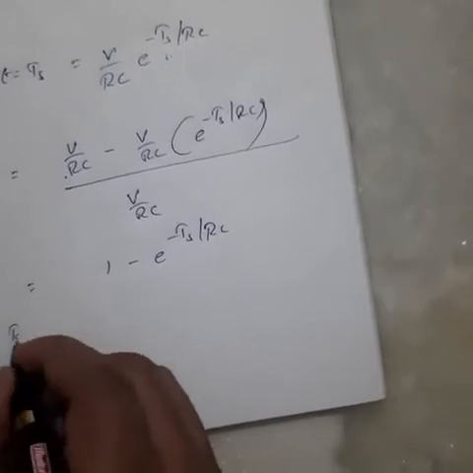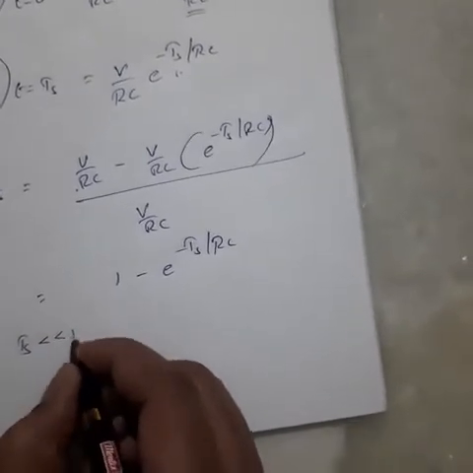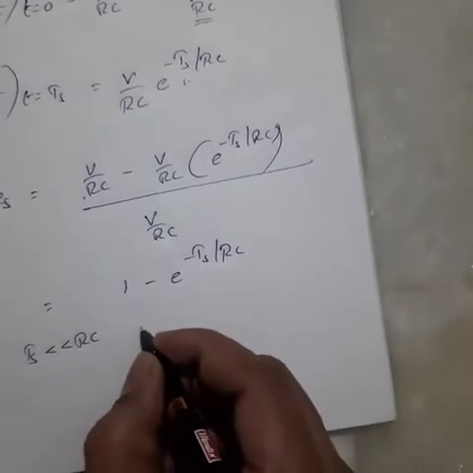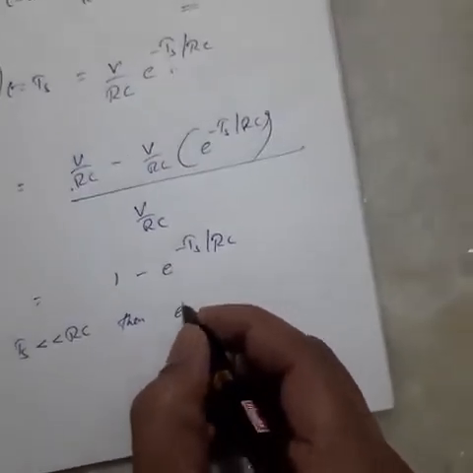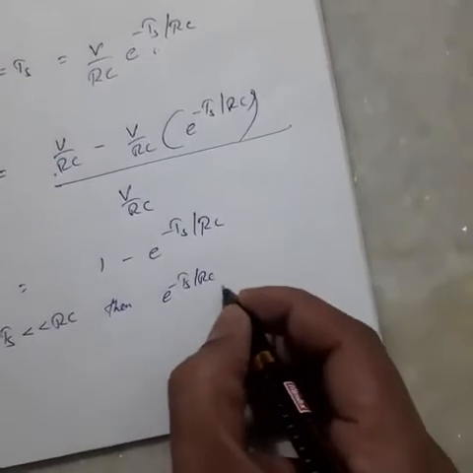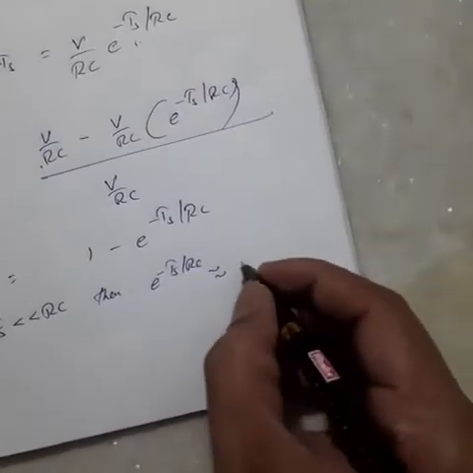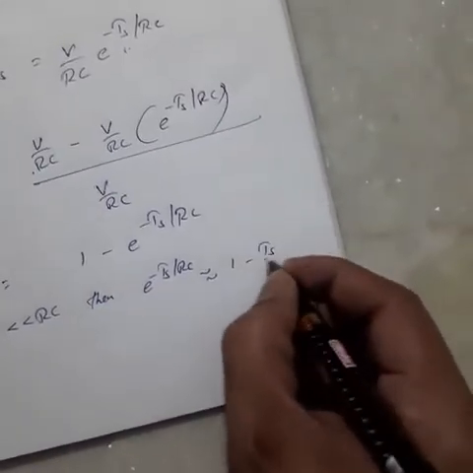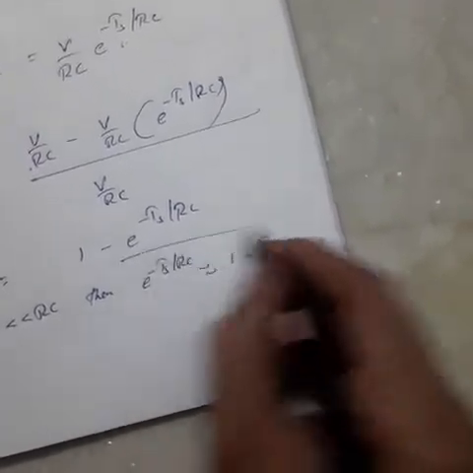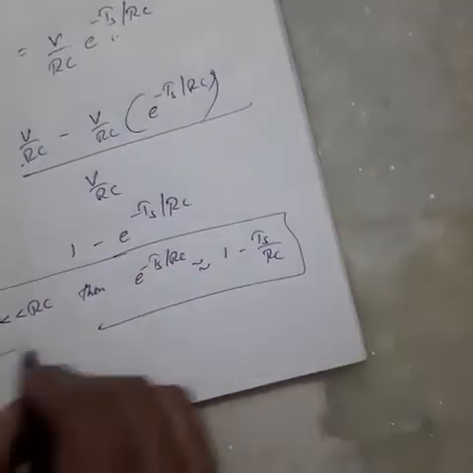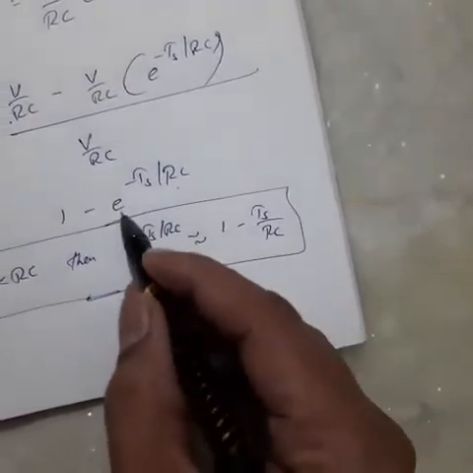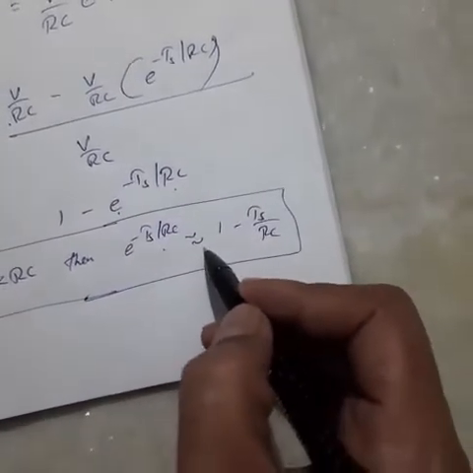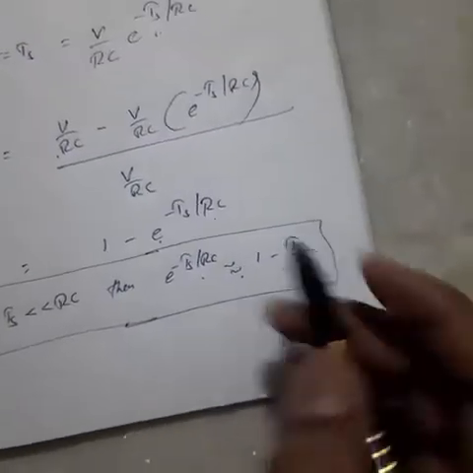Condition: if ts is very much less than RC, then e power minus ts by RC is approximately 1 minus ts by RC, which is the standard expansion.